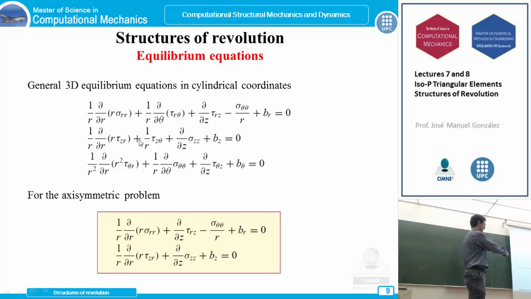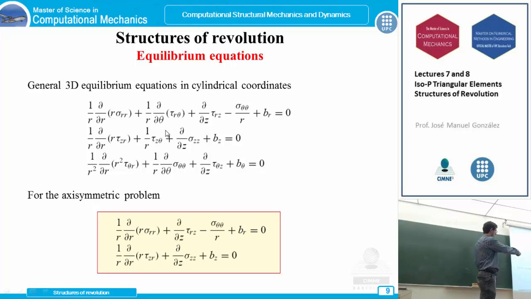But this is a general three-dimensional problem, expressed in cylindrical coordinates. For an axisymmetric problem, these tangential components, which involve the circumferential component, vanish because we have assumed that they are 0. So this is 0, this is 0, and this is 0 again.